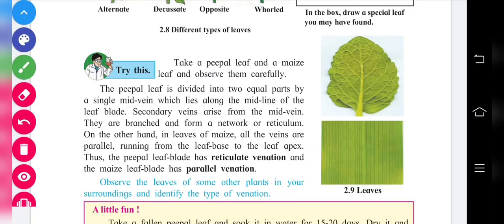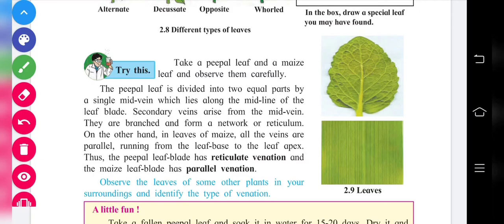Secondary veins arise from the midvein, they branch and form a network, a reticulum. So you can observe a peepal leaf near your location. They branch and form the network of reticulum.